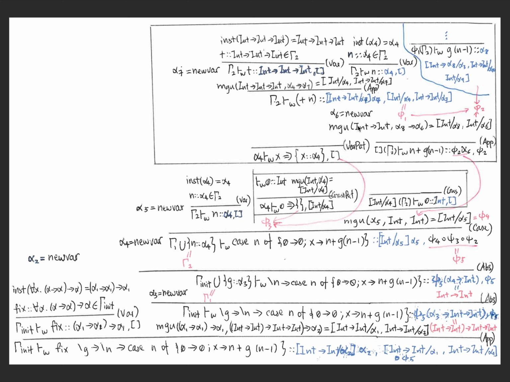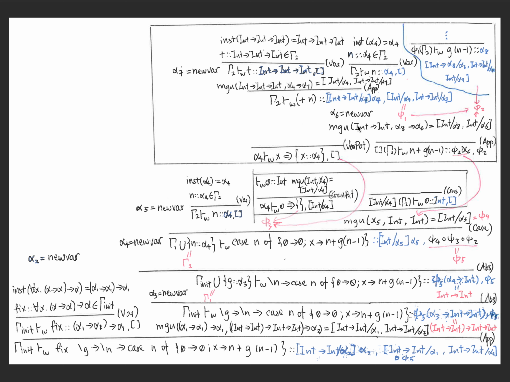Next, we look at the actual argument, which is n. So under gamma2, n has type alpha4, obviously, because that's how we recorded it in gamma2 here. We try to instantiate it, and it still gives us alpha4, and then this would give us an empty substitution.